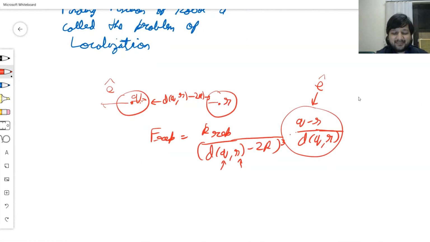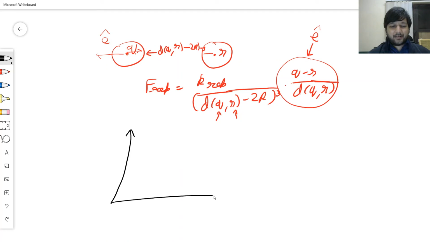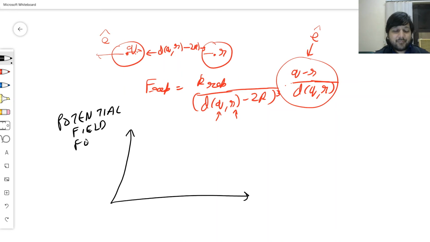And the last part that I'll discuss is because of this wonderful course on manipulation that you've been through. So I say potential field for a manipulator. Now there are two ways by which it can be applied. So let's draw a manipulator.